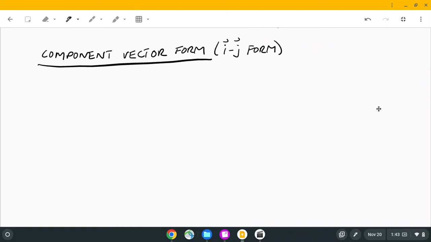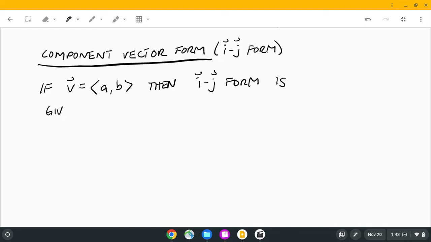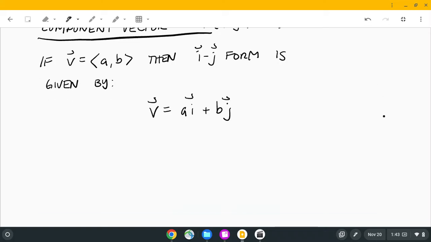All right, so if vector v is given to you in just regular component form, you have some value there and another component there, then ij form is given by ai plus b times j vector. Okay.